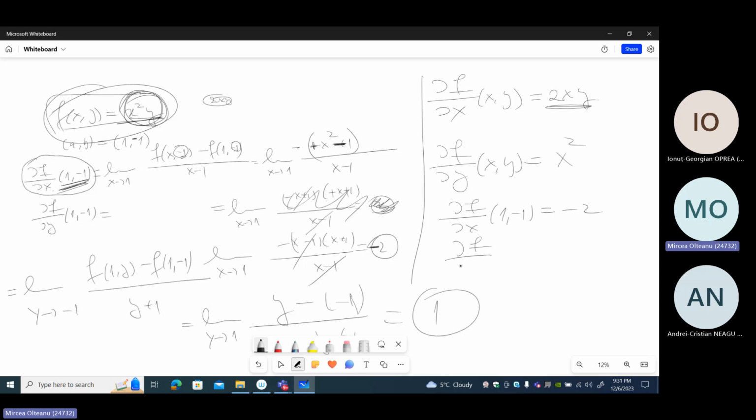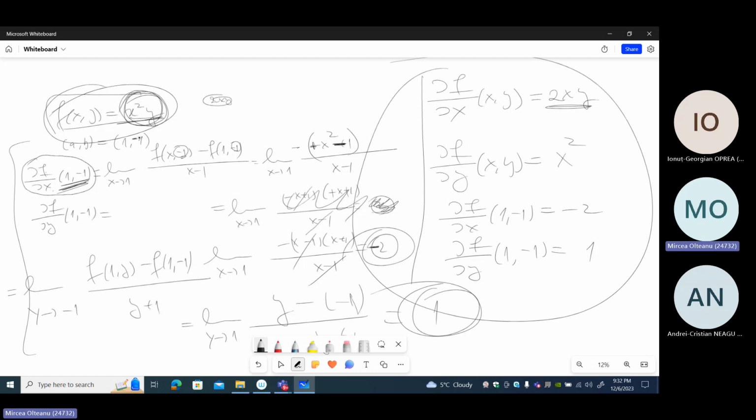And the partial derivative of f at the same point with respect to y will be 1. Exactly the same values, of course, that we obtained by using the definition. But the usual way we shall do it is by using the usual rules of differentiation for functions of one single variable.